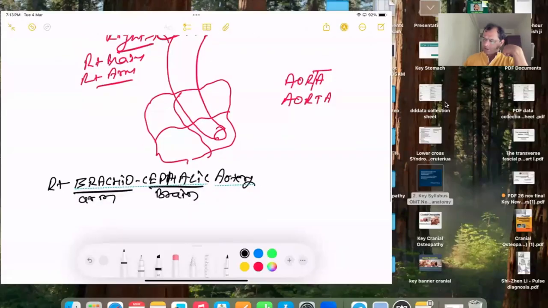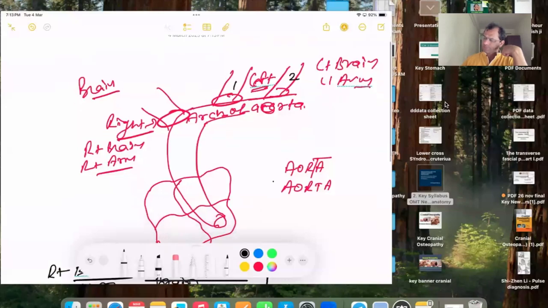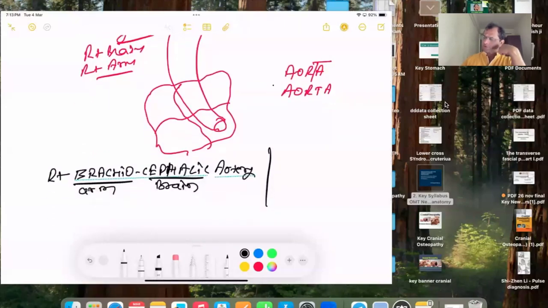So it is the artery that supplies the arm and brain. On the left side, we have two arteries, one and two. What is the name of these two arteries? The carotid artery and the subclavian artery.